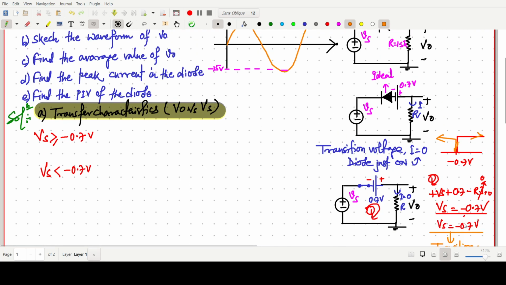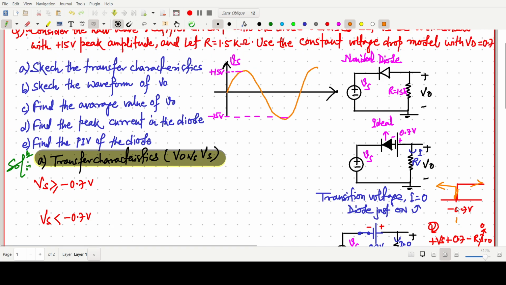Now I'm drawing a line, Vs equals minus 0.7, a line parallel to the time axis. So this whole line is Vs equals minus 0.7.